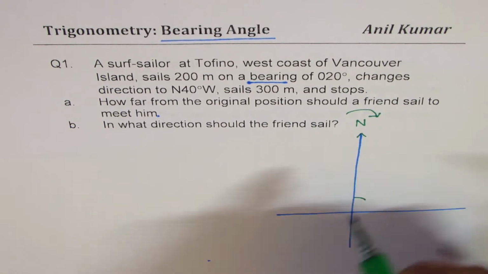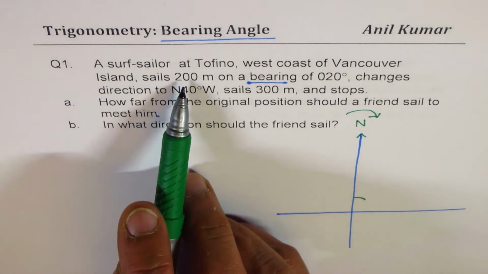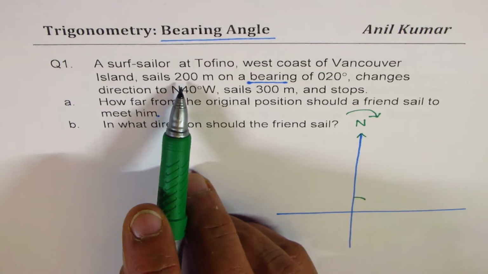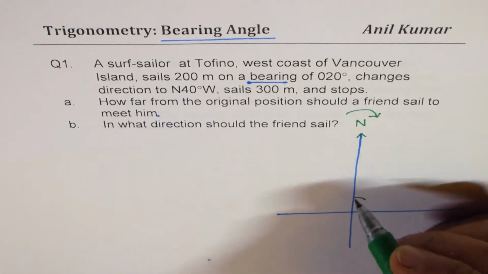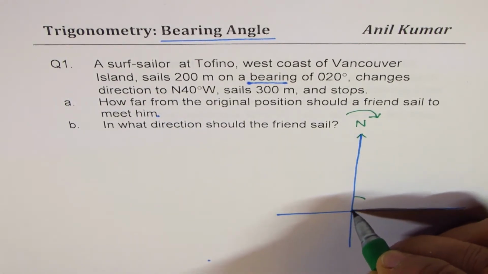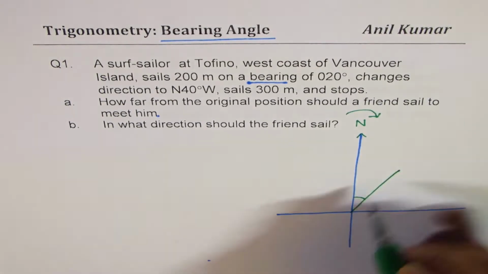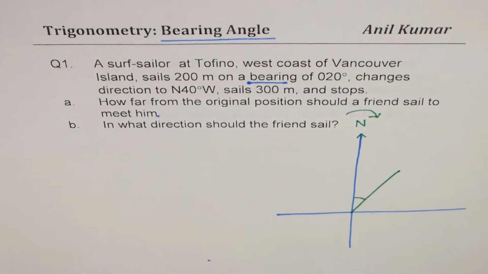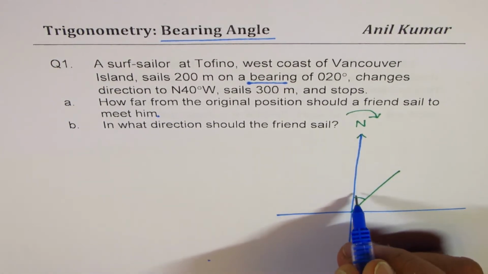And the length of the arm will give us the distance, which is 200 in this particular case. Now the angle here is 20 degrees.